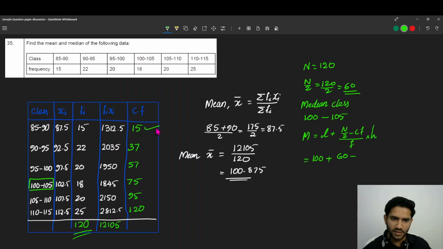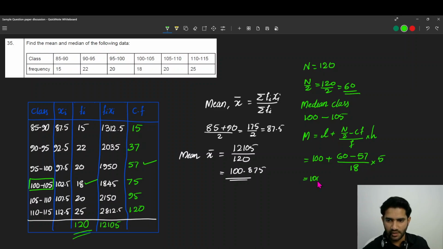CF, the preceding cumulative frequency, is 57, because our median class is 100 to 105, so 57 is the preceding one. Corresponding frequency is 18. The class length is 5.